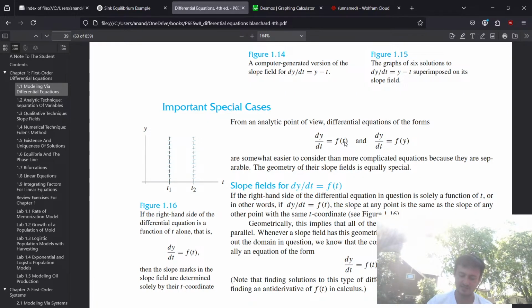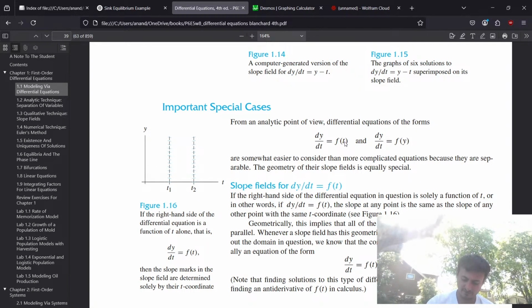If f only depends on t, then for points t1, y1 and t2, y2, the values of f at these points are equal as long as t1 equals t2.